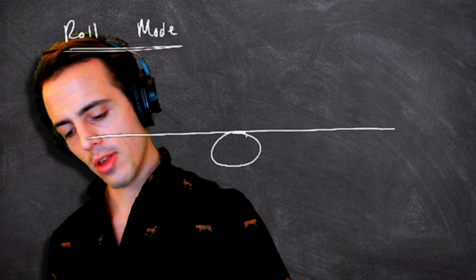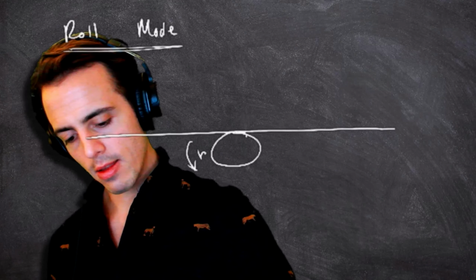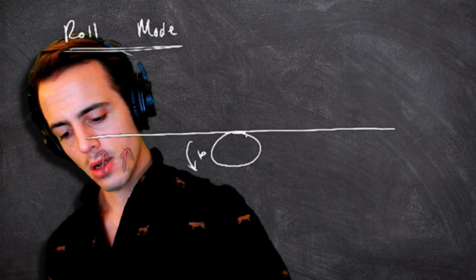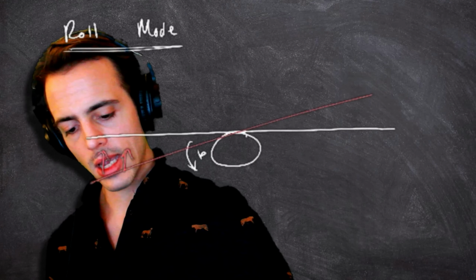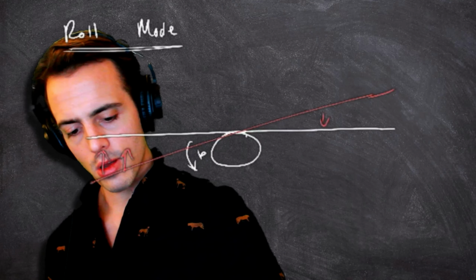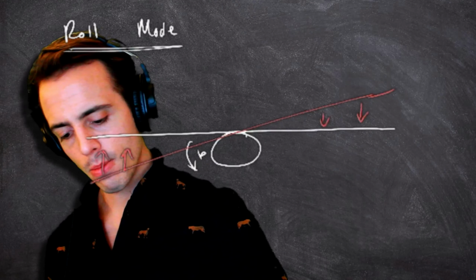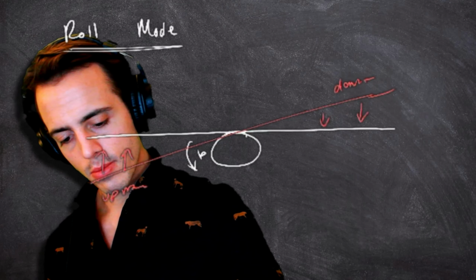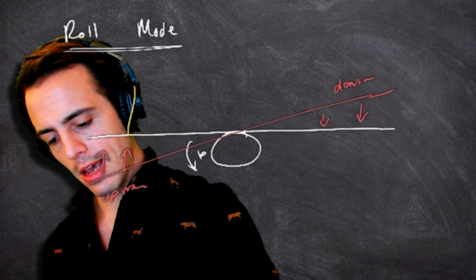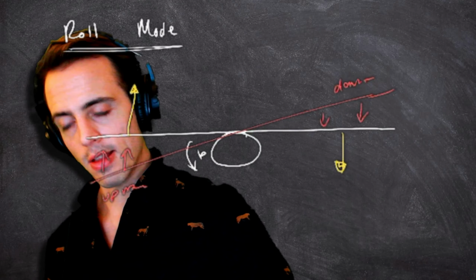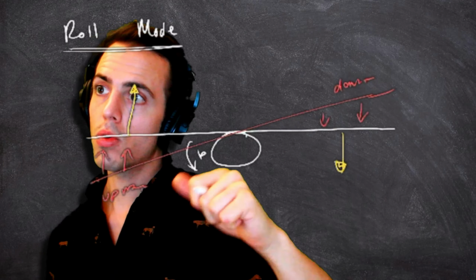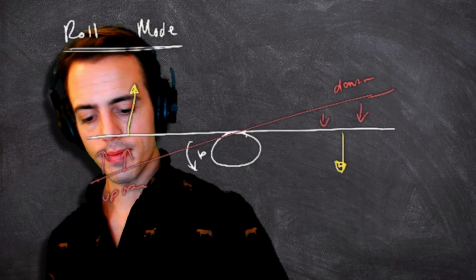If we have a positive roll rate, P, this will always cause an upwash on the starboard wing and a downwash on the port wing, which will cause an increase in lift on the starboard wing and a decrease in lift on the port wing. So it will cause the aircraft to have a tendency to stop itself from rolling.